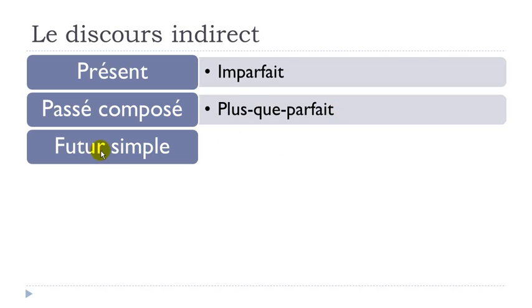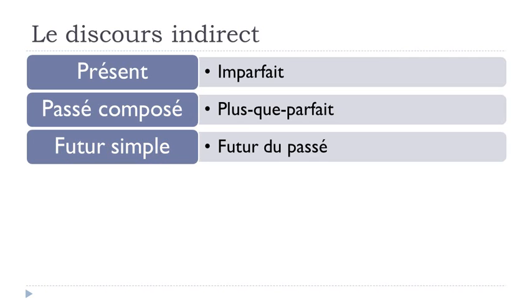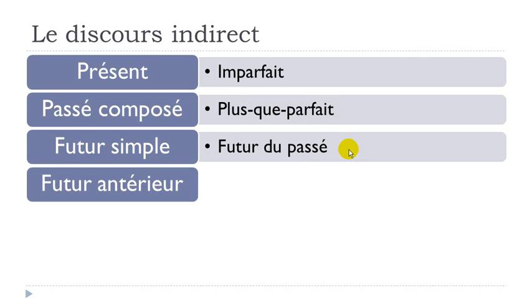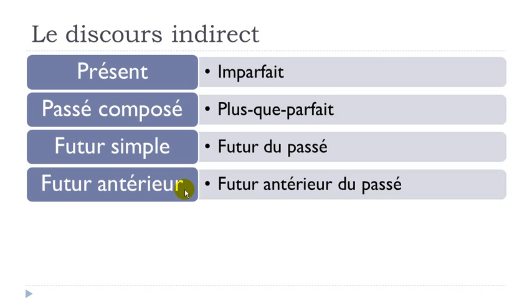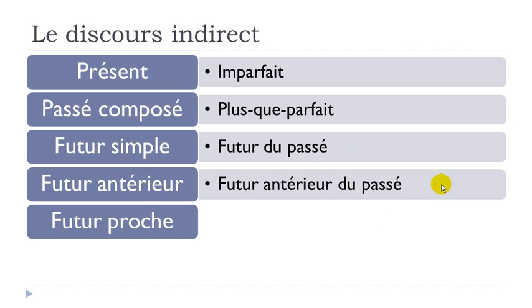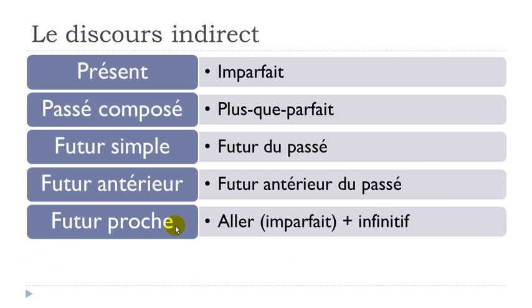If you've got the futur simple, as the second structure, it will become what we saw, futur du passé. If you've got futur antérieur, in the second part of this structure, it will become futur antérieur du passé. If you've got futur proche, it will become, well, like le futur proche, but the only thing that you've got to modify is aller.